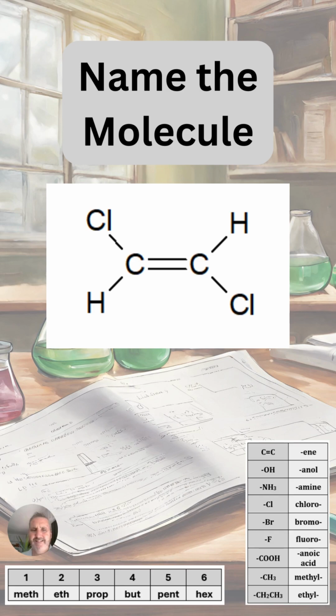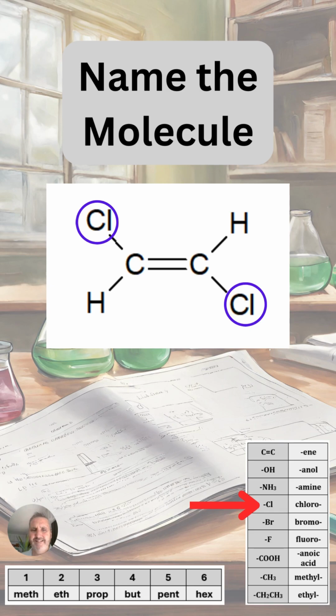Okay, if we look at this molecule here, we can see that there is an emphasis on the double bond in the middle. There are 2 chlorine atoms coming off, on the left at the top and the right at the bottom. These are the chloro functional groups.